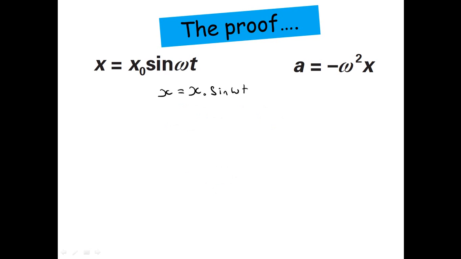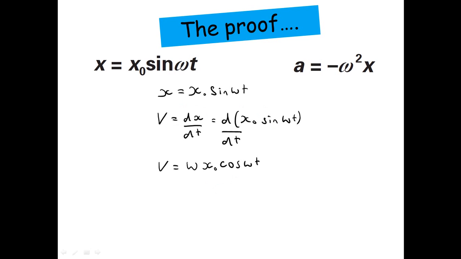Okay, so x equals x0 sine omega t. Now if I differentiate that with respect to time, to give me velocity, I get this: velocity is equal to omega x0 cos omega t.